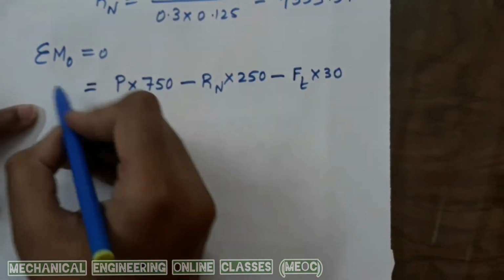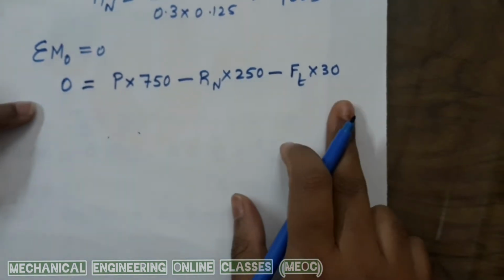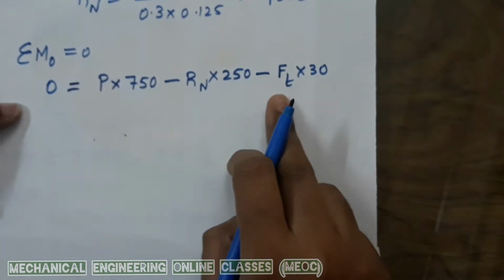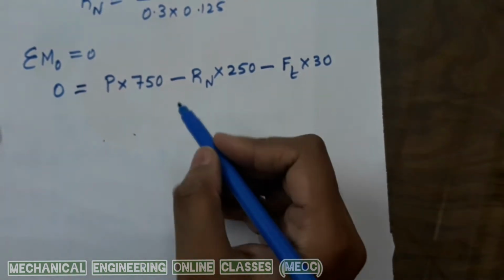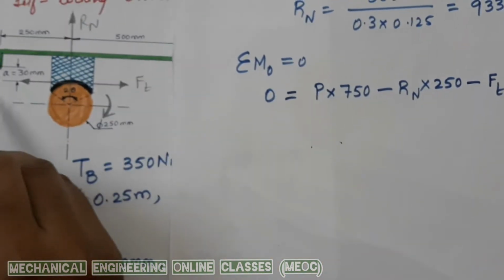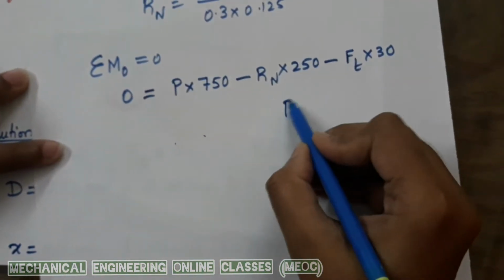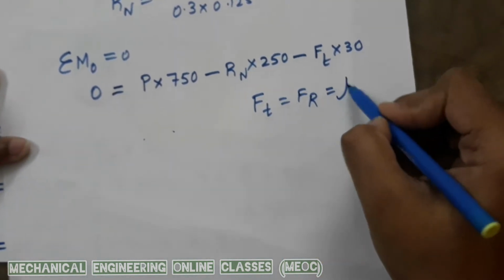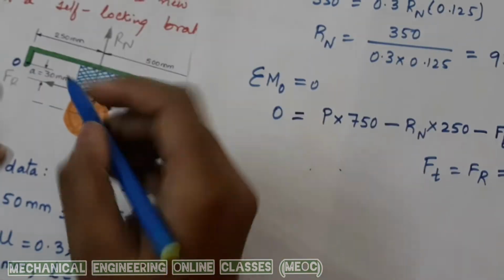So this is the sum of moment equation, from which we know Rn. Ft can be written in terms of Rn. We know Ft is equal to Fr, and Fr is nothing but mu into Rn, which is the normal reaction.